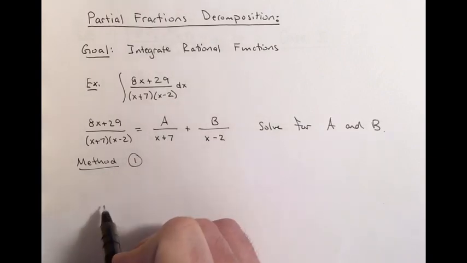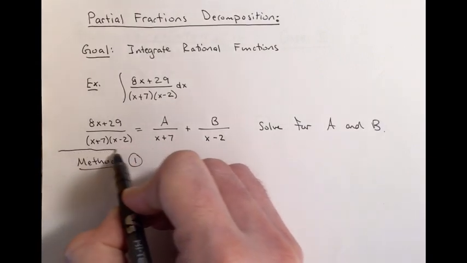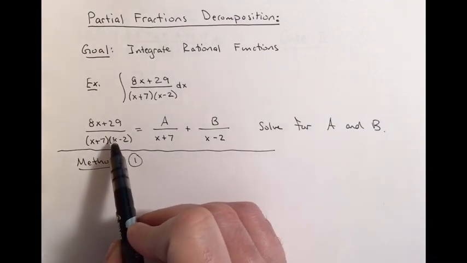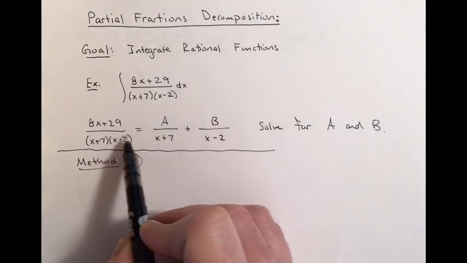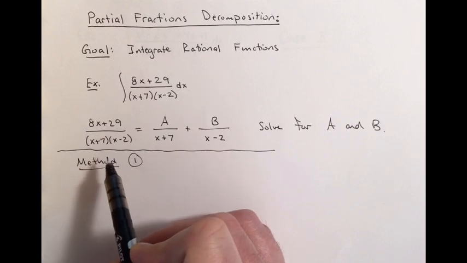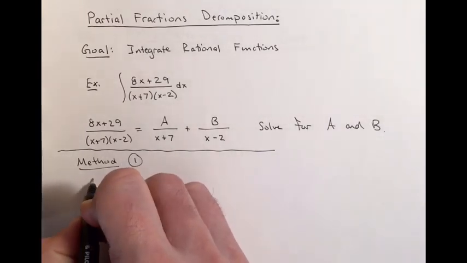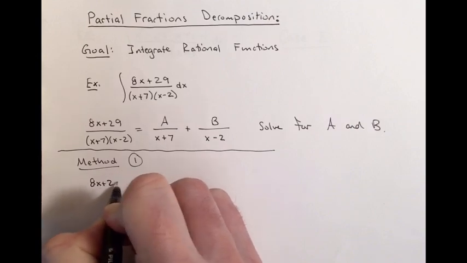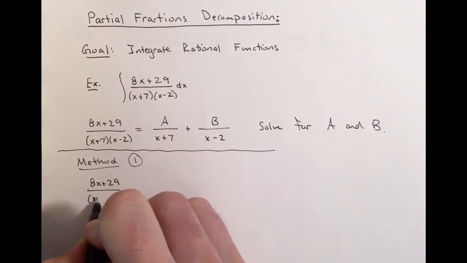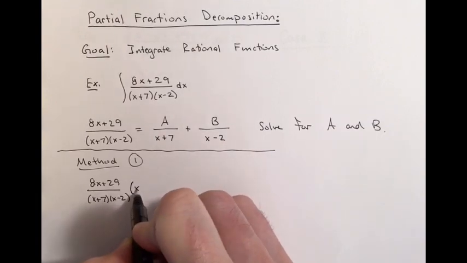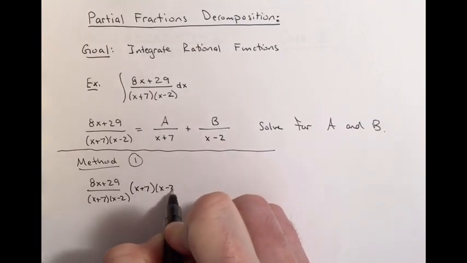Let's look at the first method. What we do with the first method is simply multiply both sides of this equation by the common denominator, x plus 7 times x minus 2. So we have our equation here, and we're going to multiply both sides by this.